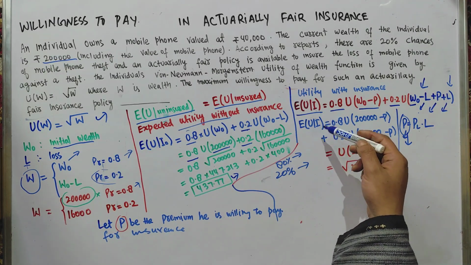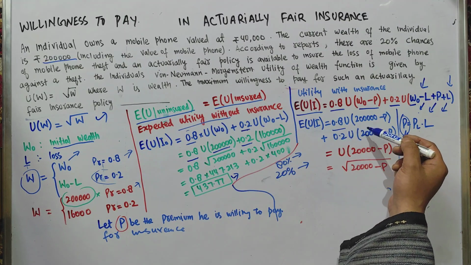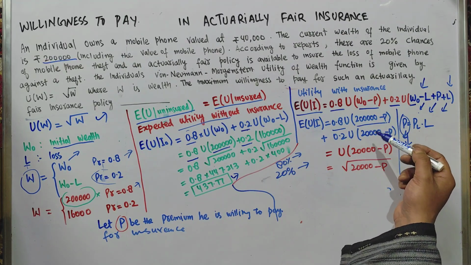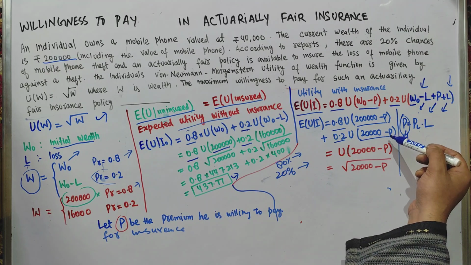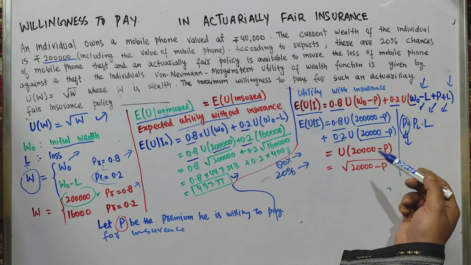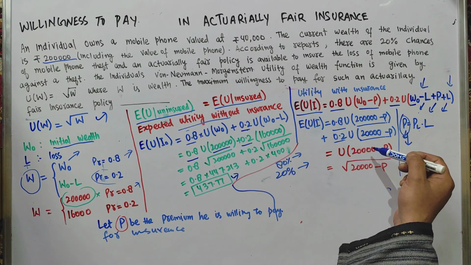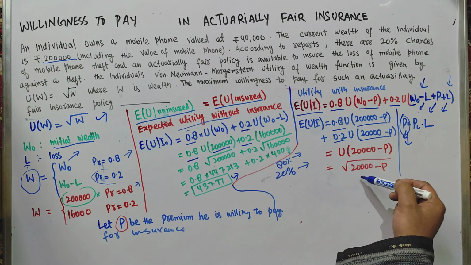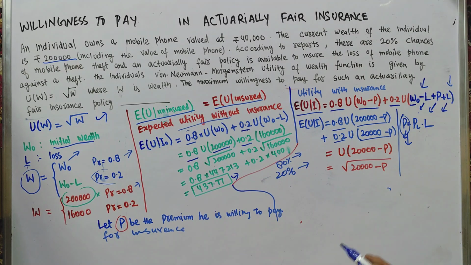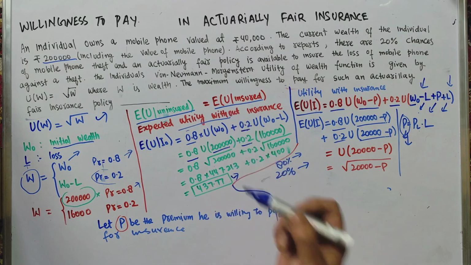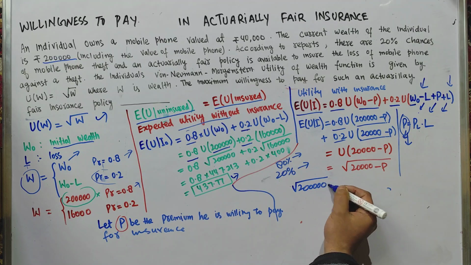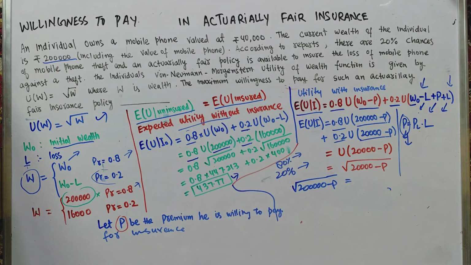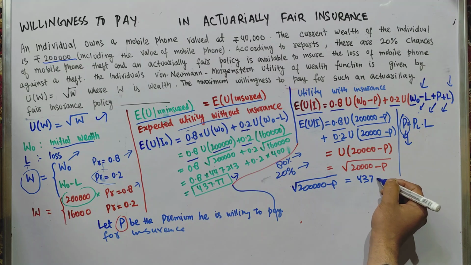We get expected utility with insurance equal to 0.8 times the utility of 2 lakh minus P plus 0.2 times the utility of 2 lakh minus P. Since they are the same terms, we can add them. That equals the utility of 2 lakh minus P, which is equal to under root 2 lakh minus P. Now we equate the expected utility with insurance, under root 2 lakh minus P, with the expected utility without insurance, which comes out to be 437.77.